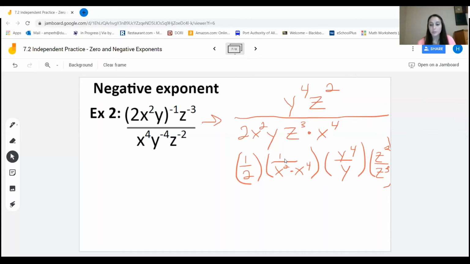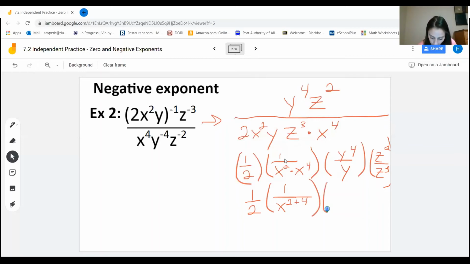And so now we just apply our multiplication and division rules when we're dividing monomials. So this 1/2 stays the same. And now we have 1 divided by a multiplication problem. And our multiplication rule says when you multiply 2 powers with the same base, you add the exponents. So that's going to end up being x to the 2 plus 4.